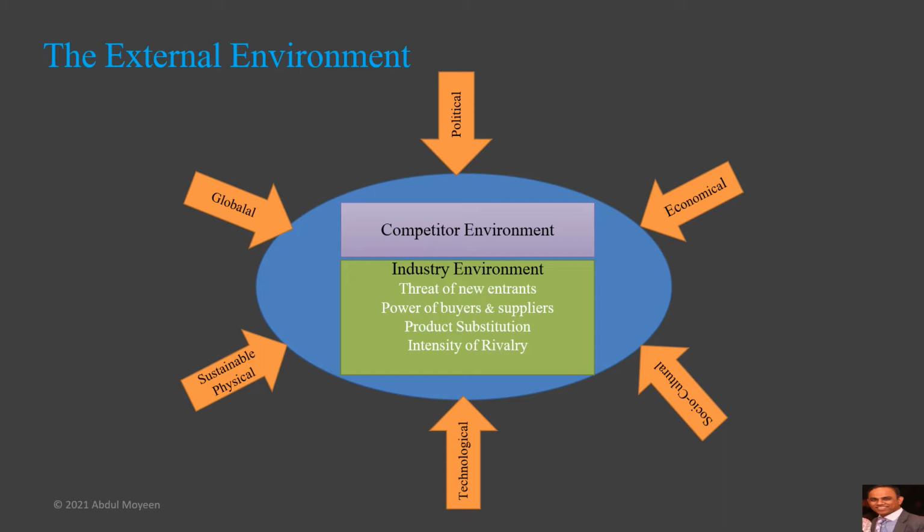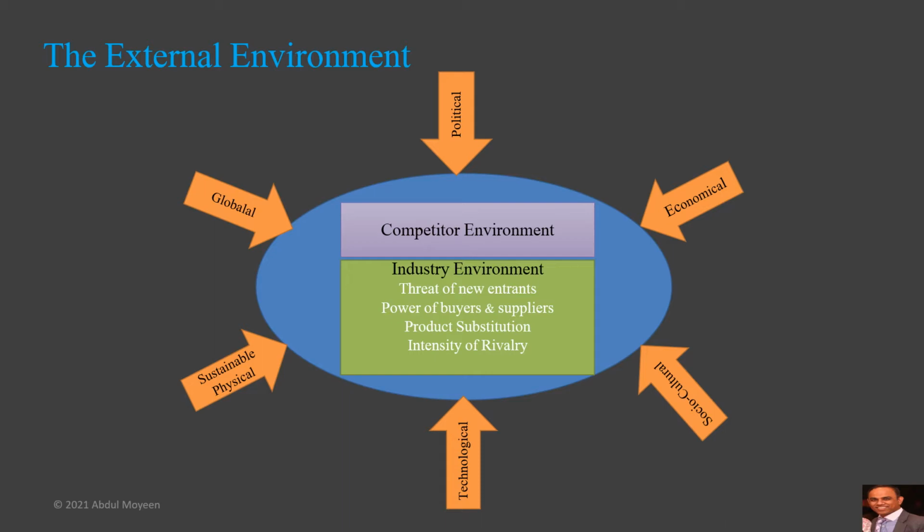Likewise, governmental policies and regulatory conditions affect where and how firms decide to produce and compete. This figure presents the three components of a firm's external environment. The general environment is composed of forces in the macro environment that can indirectly influence an industry and the firms within the industry.